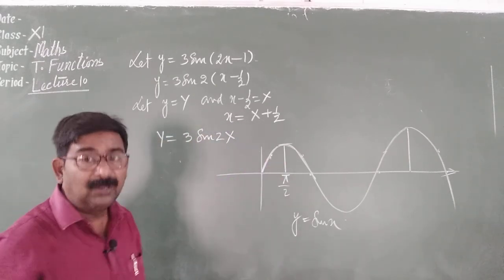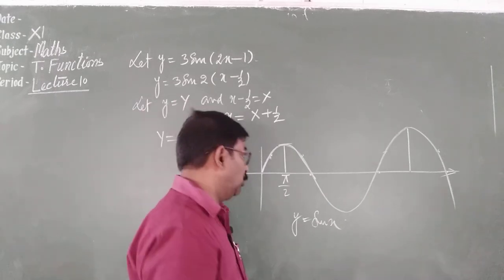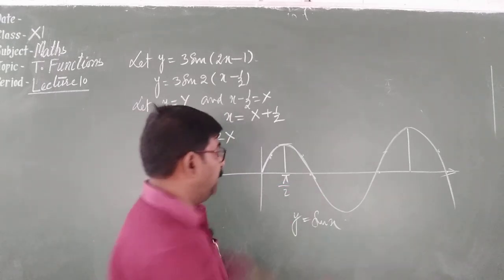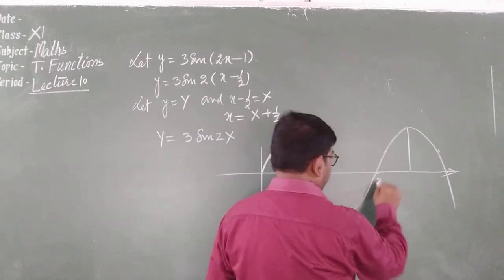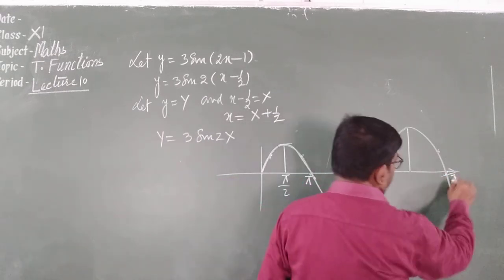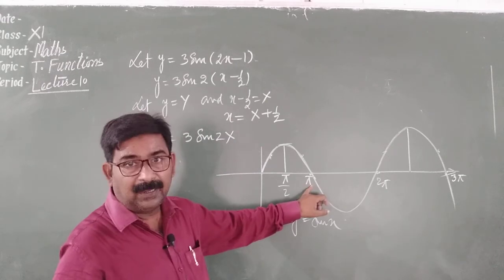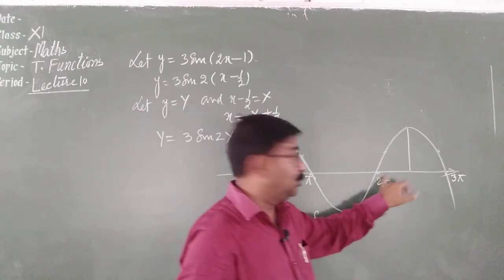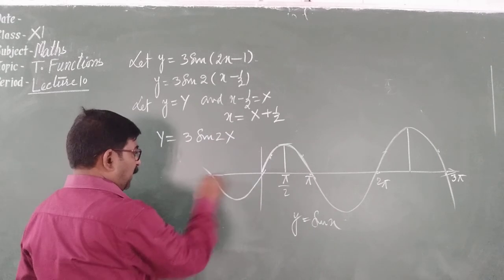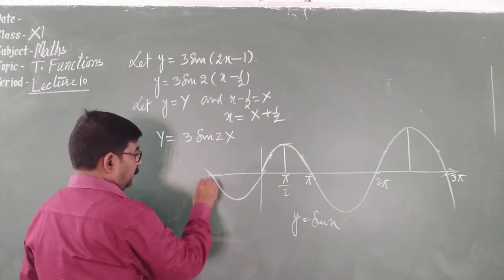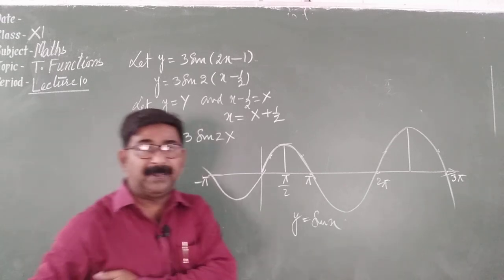And in general, when we write the value in a general way, it is called general solution or general value. Like at pi it is 0, at 2 pi it is 0, at 3 pi it is 0. Here at minus pi value is 0, minus 2 pi value is 0, minus 3 pi value is 0.